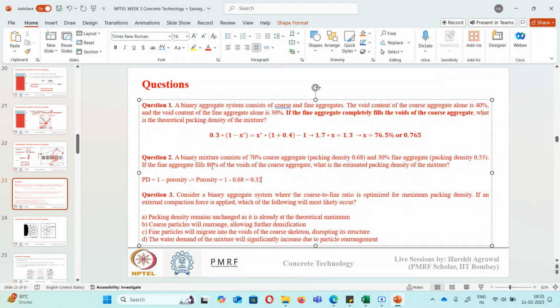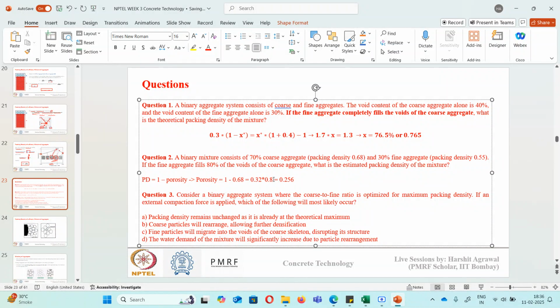Now 80% of my voids, porosity is nothing but representing my voids only. So 80% of these voids are filled by the fine aggregates. So from 0.32, 80% is occupied by the fine aggregates. So 0.8 times 0.32 will be 0.256.